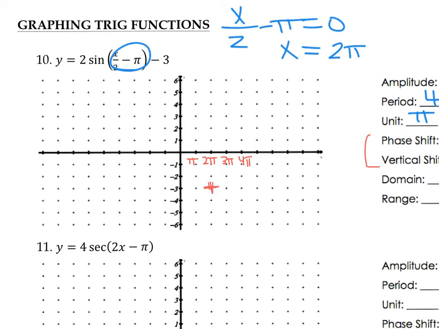This is where my origin now is. So sine, you start at the origin, and then you go over 1, up 1, but my amplitude tells me I have to go over 1, up 2, and then over 1, down 2, back to the x-axis, over 1, down 2, over 1, up 2, over 1, up 2, and all the way across.